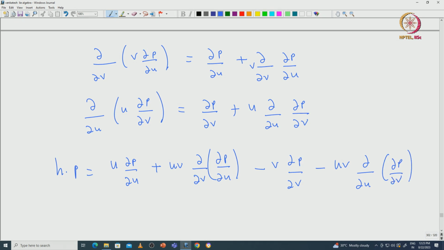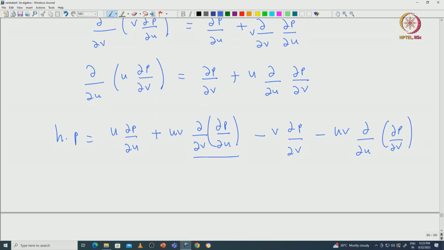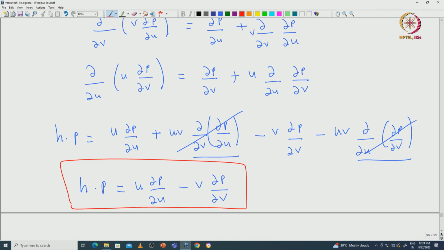Okay. So, these two things are the same, so this will get cancelled. So, you get H·P equals u ∂P/∂u minus v ∂P/∂v.